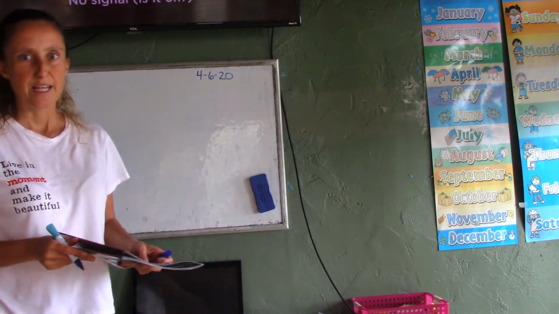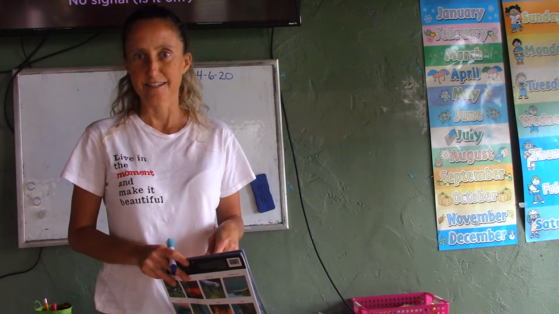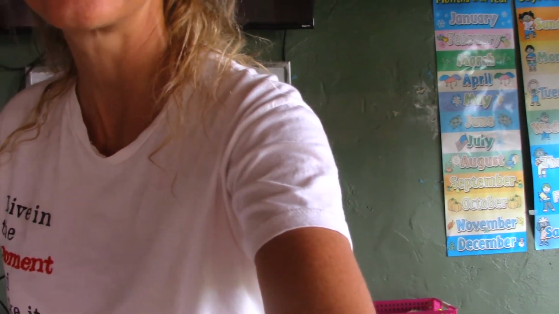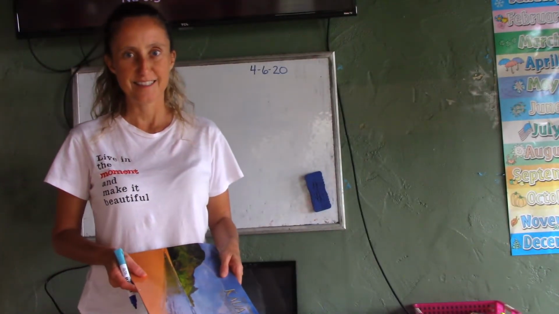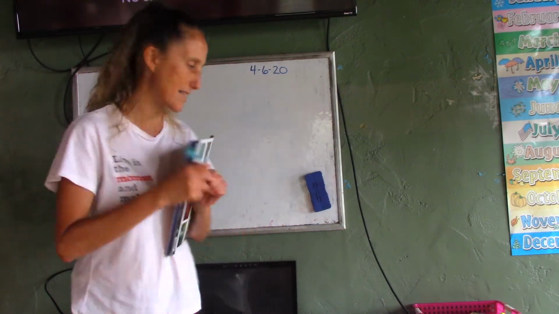So let's review. How many months are in a year? 12. You're right. 12 are in a year. Okay, now let's review how many days are in a week. 7. You're right. 7 days are in a week. Let's say the 7 days of the week.